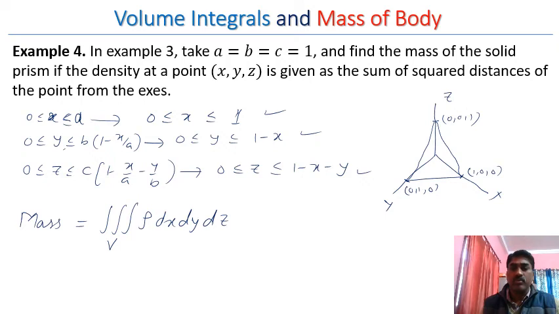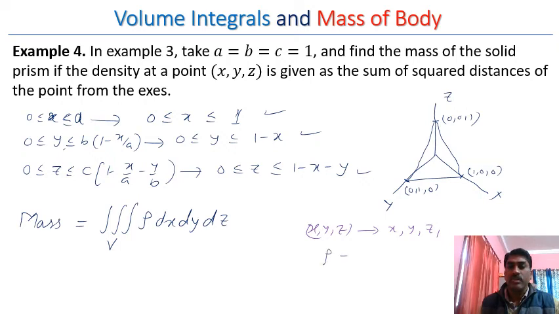What is rho? So rho is given at any point x, y, z. The density is equal to the sum of squared distances. So if x, y, z be any point, then its distance from the x-axis is x, distance from the y-axis is y, and distance from the z-axis is z.